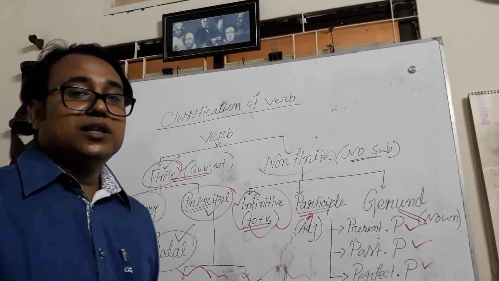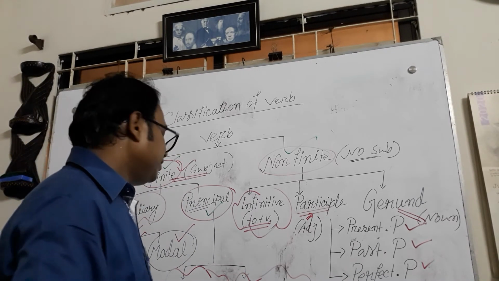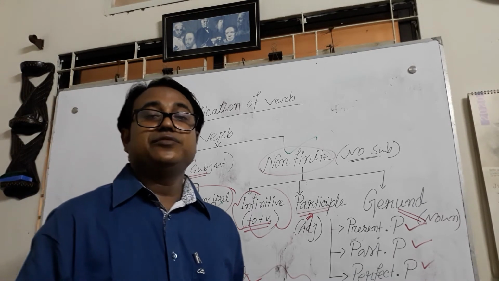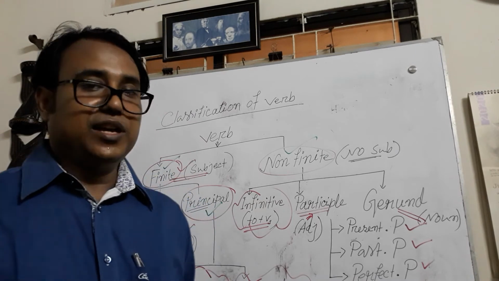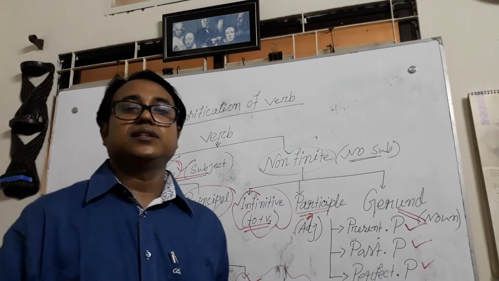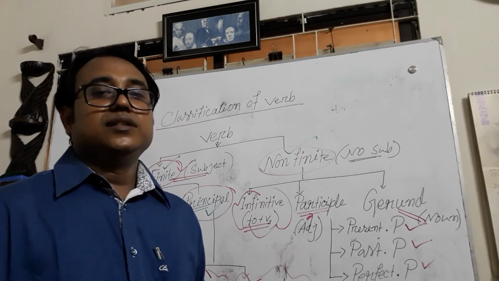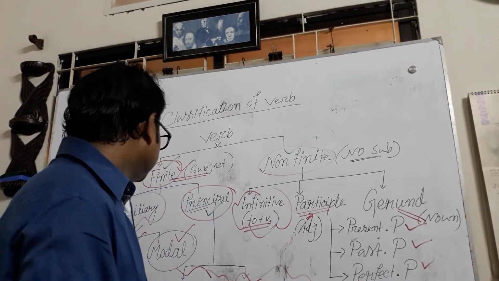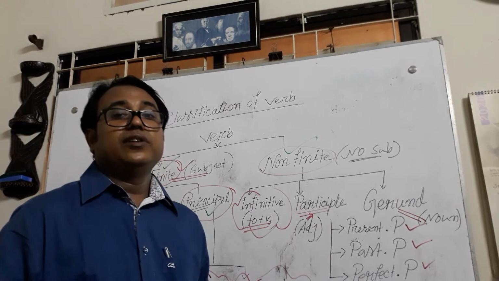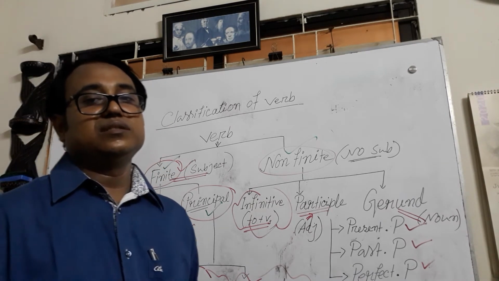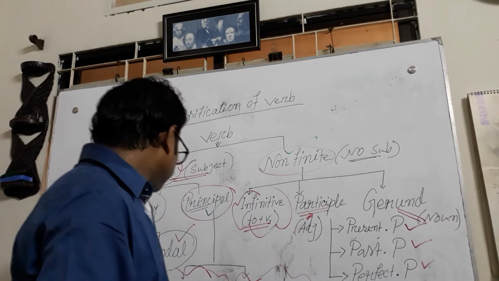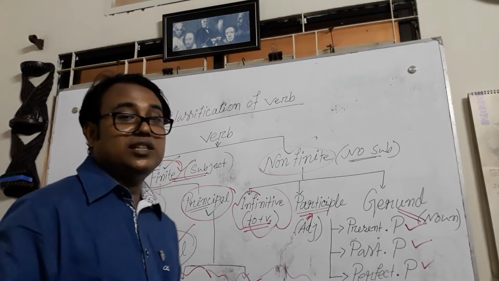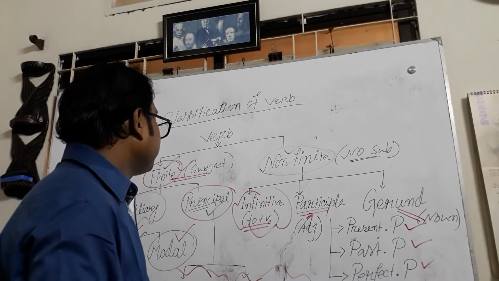Actually, transitive verb has an object and intransitive verb hasn't any object. Dear learners, take notes or keep it in your mind that transitive verb has an object and intransitive verb hasn't any object.